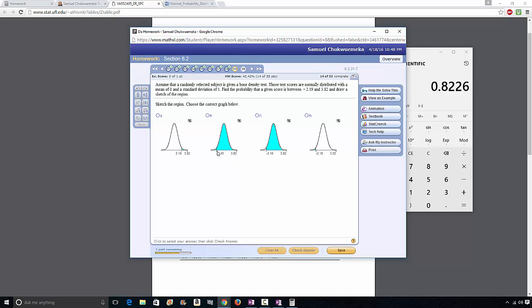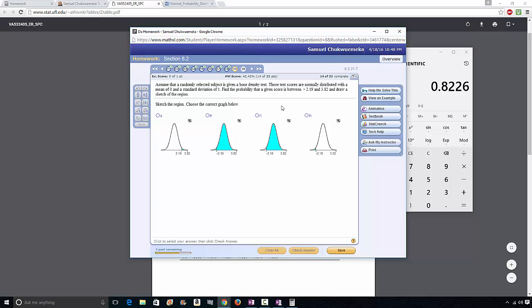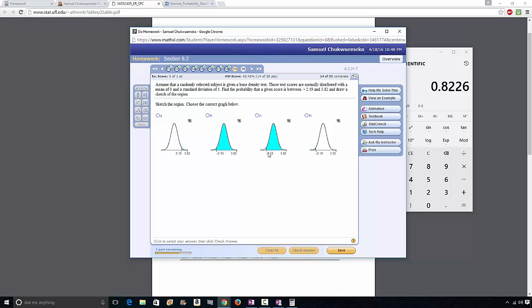This is pretty much less than 3.82, and this is less than negative 2.19. So this is what we need here, okay?